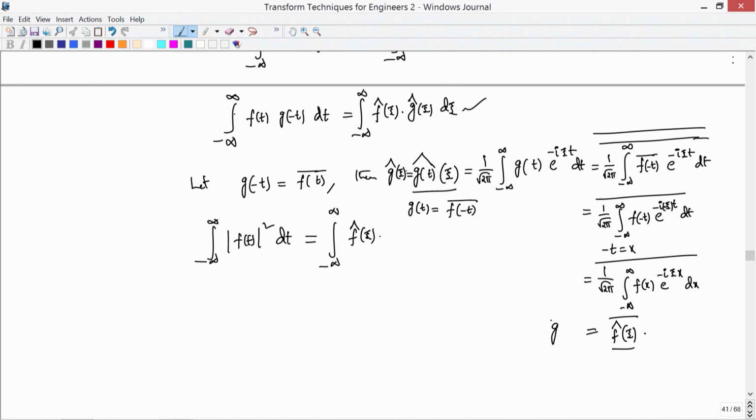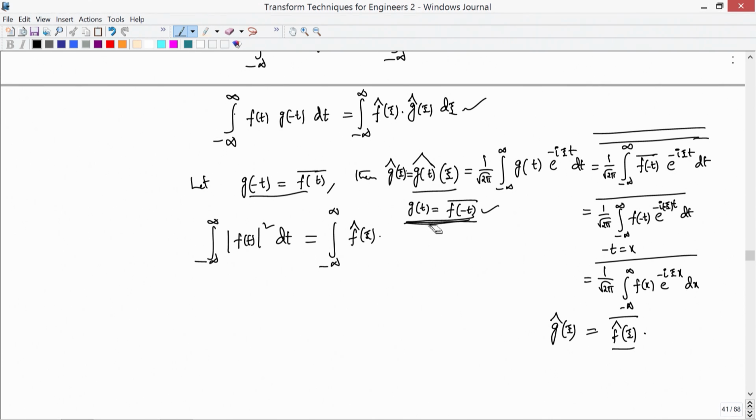So this means g cap of xi, which is a function of t, for which if you take the Fourier transform, which is a function of xi, it is a transform variable. So you have g hat of xi is f hat of xi bar if your g or f are related by this, which is same as this. Okay.